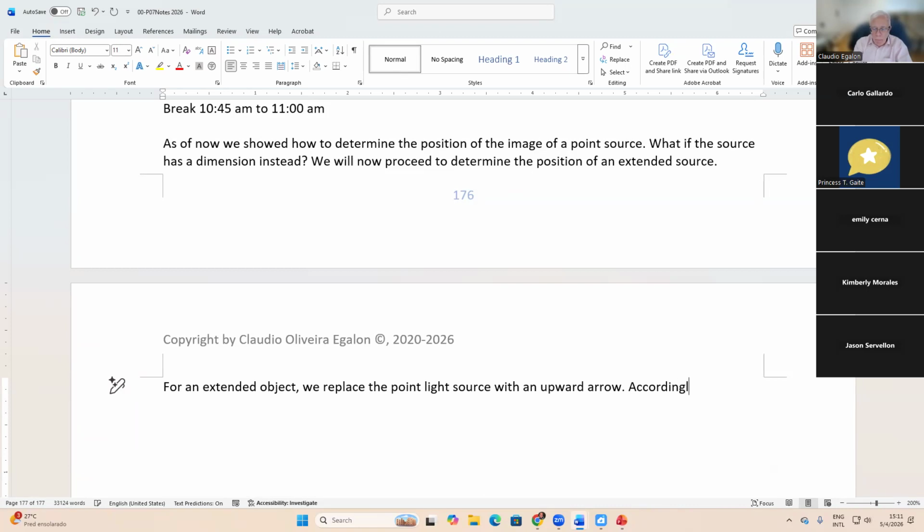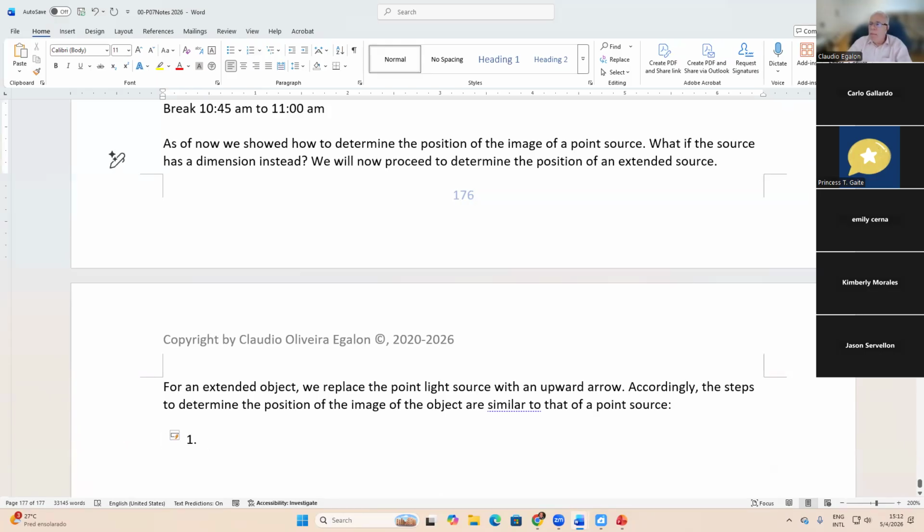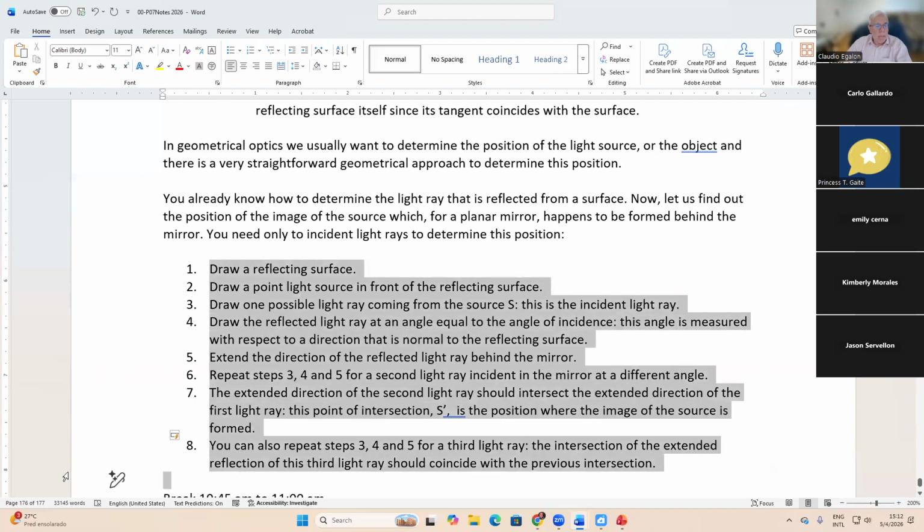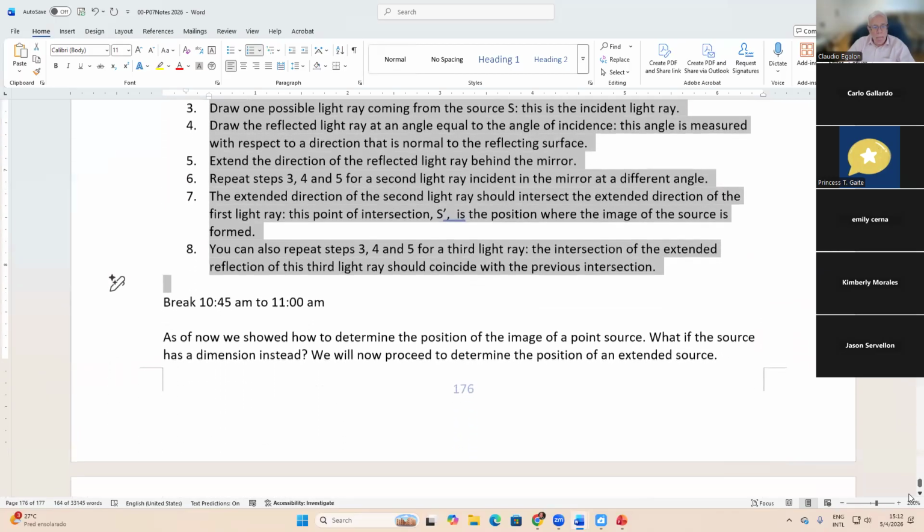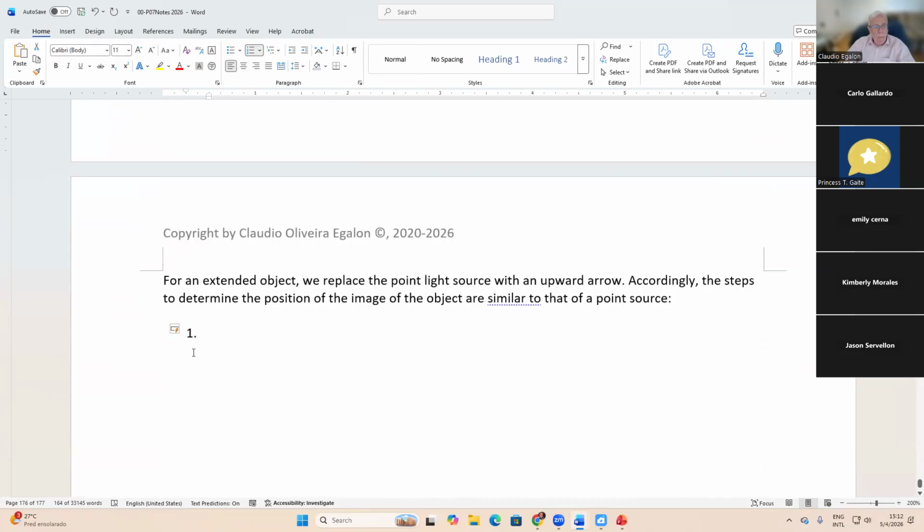Accordingly, the steps to determine the position of the image of the object are similar to that of a point source. One, I'm going to copy and paste what we had before.